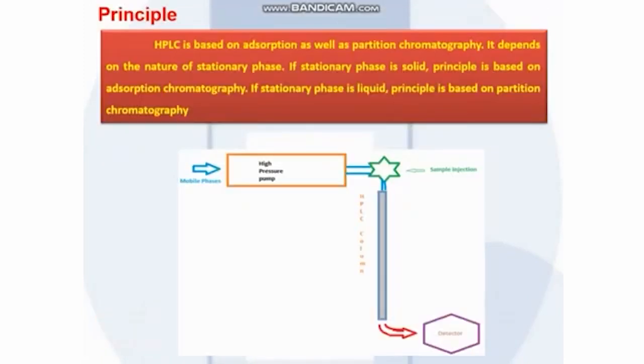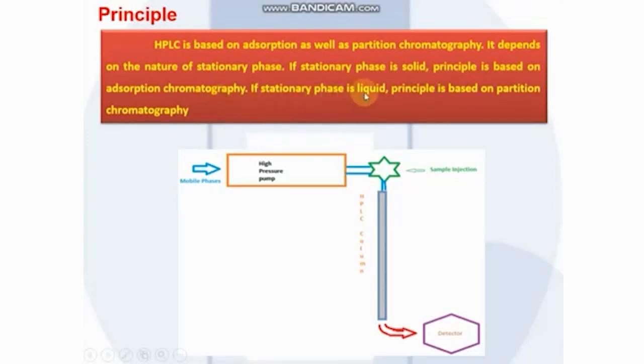The principle of HPLC. The principle of HPLC is based on adsorption as well as partition chromatography. It depends on the nature of the stationary phase. If the stationary phase is solid, the principle is based on adsorption chromatography.